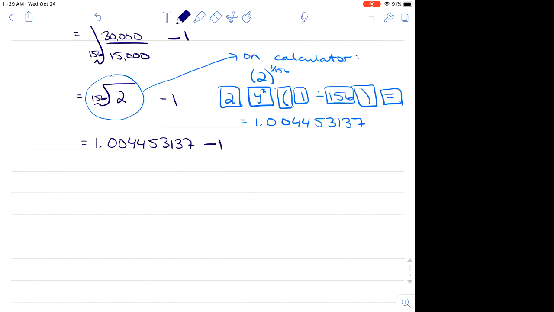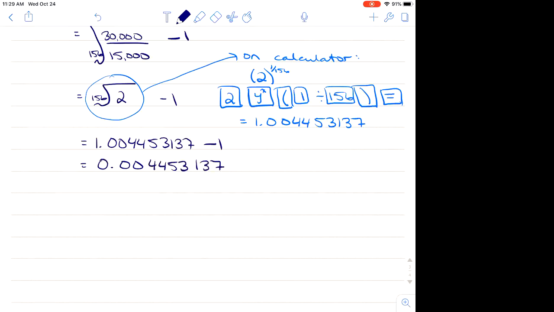If you forget to do the minus 1 and you just left your periodic interest rate as 1.00, that's like 100% a month. That's insane. Your rates are always going to be very small, nice decimals. So minus 1, of course, we get 0.004453137. Keeping all your decimal places is important.